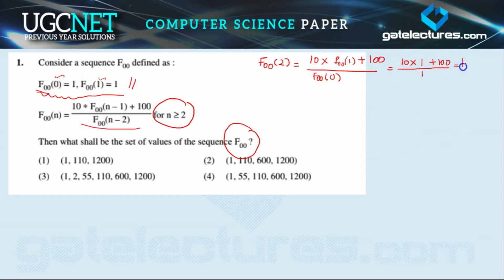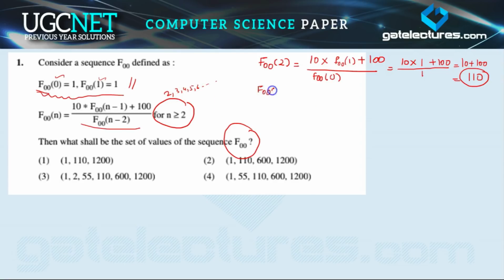So this is 10 plus 100, which is 110. Now take n as 3, 4, 5 and so on.